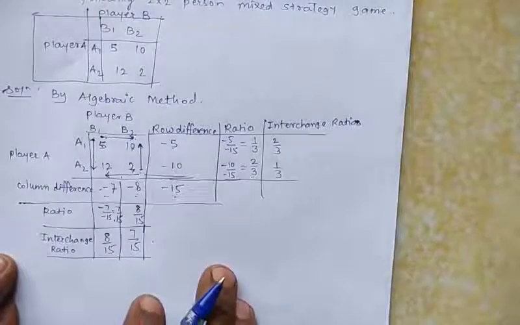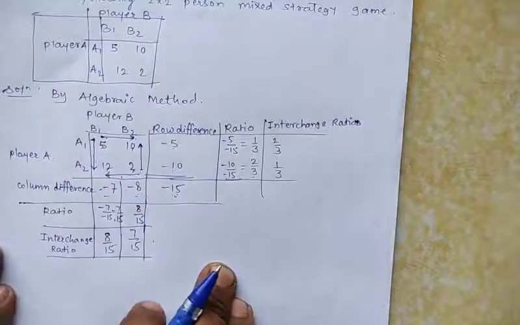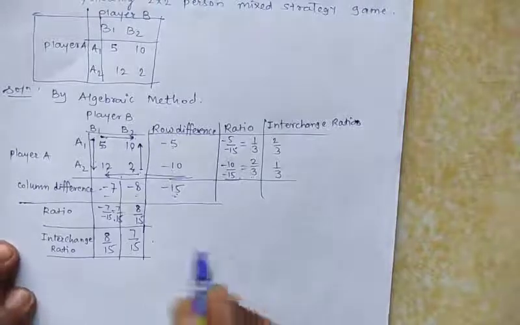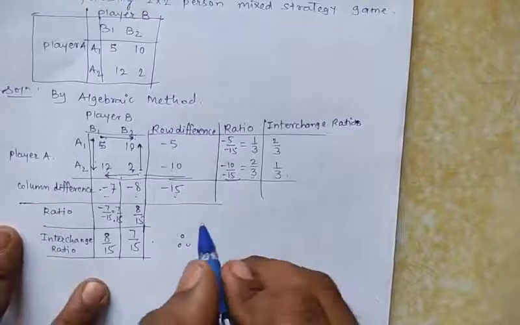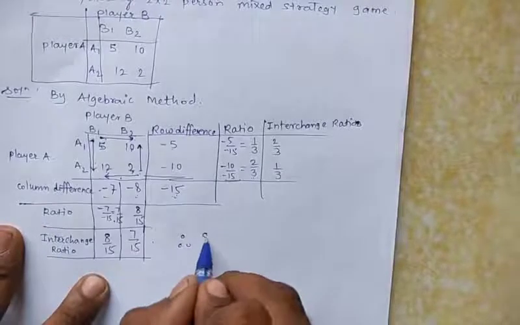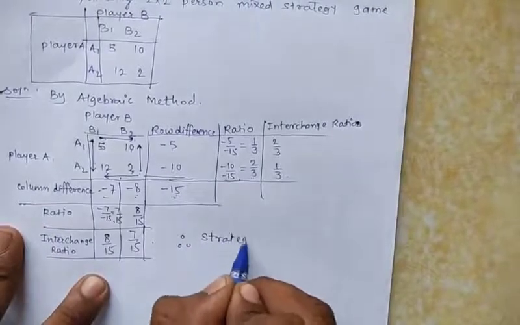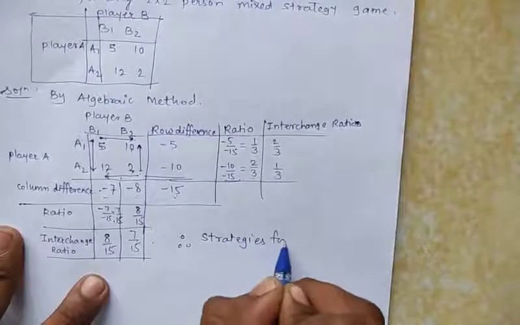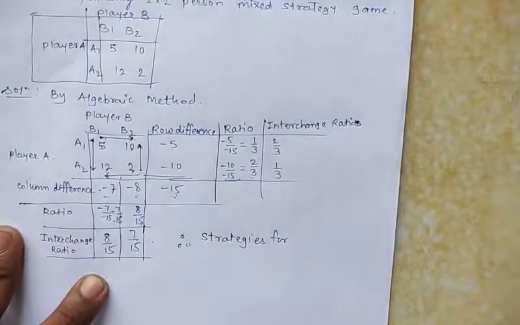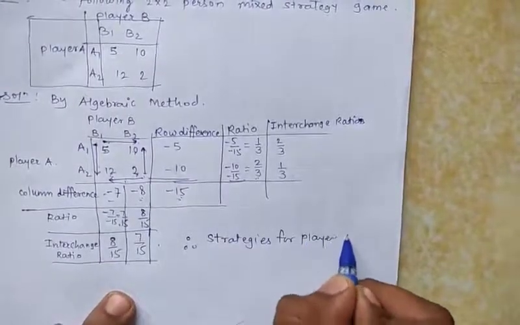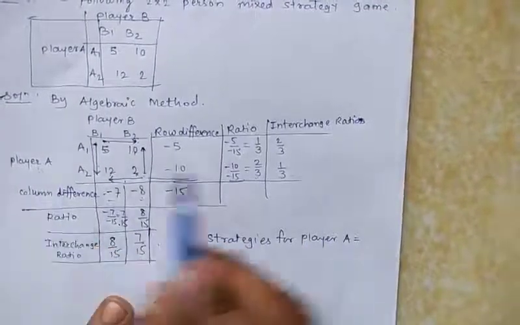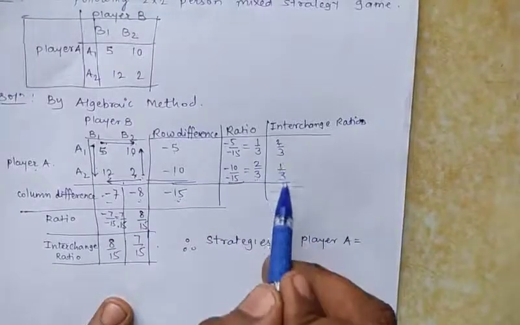Okay. So what is the optimal strategy for player A? Therefore, the strategies for player A, the optimal strategy is 2 by 3 and 1 by 3.